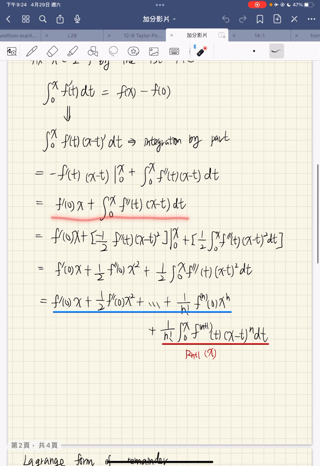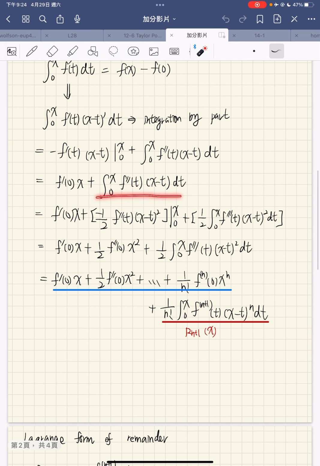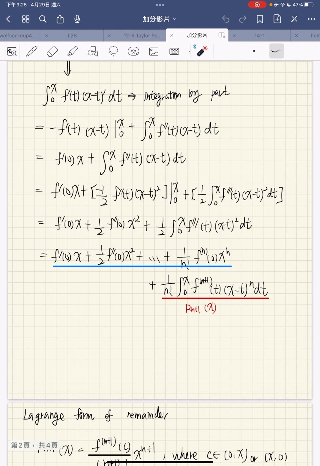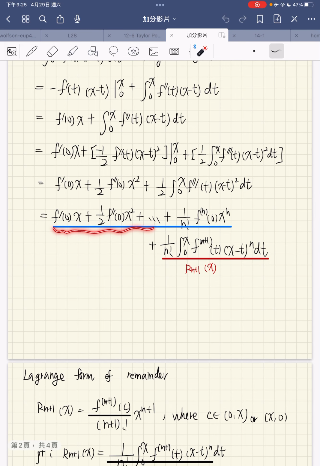Okay, and we can use integration by parts on this part again, so we can get this function. We repeat this step many times, and we can get the function below.